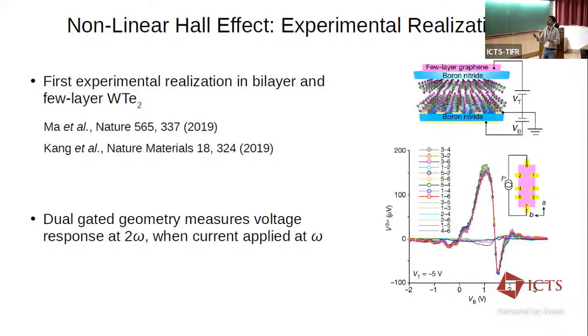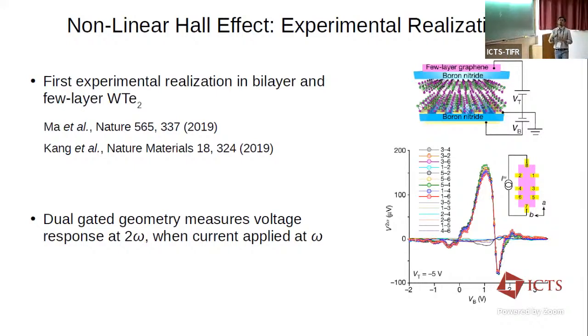So they had this kind of a device geometry where they had dual gates, top and bottom gates. In between were your WTe2 layers, and then these were sandwiched between boron nitride. And then what they were able to do is scan this back gate at a given value of the top gate, and then look at the response at 2 omega. So remember, this is nonlinear response, second order response.